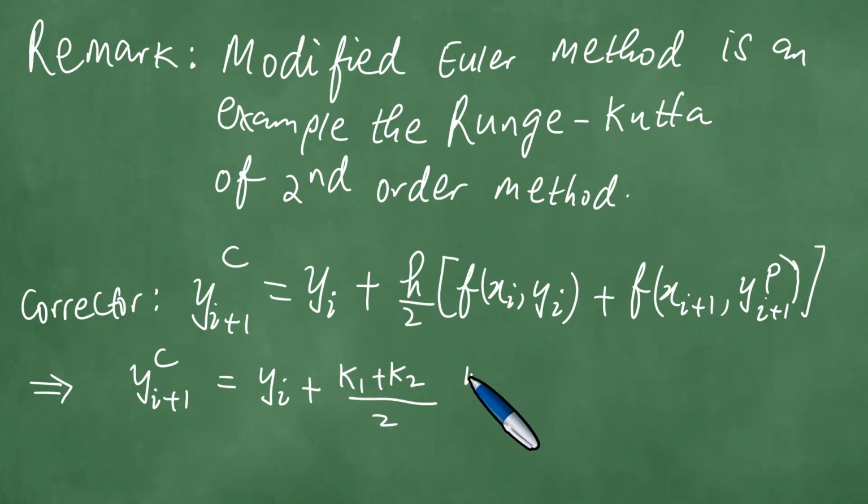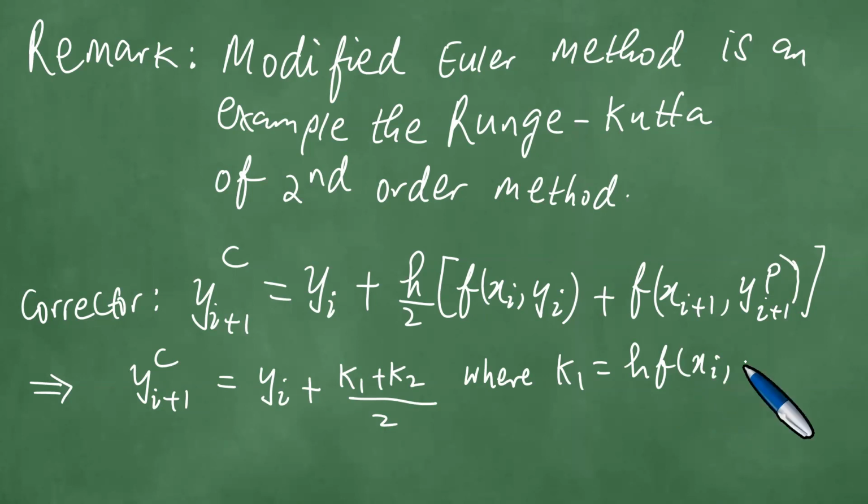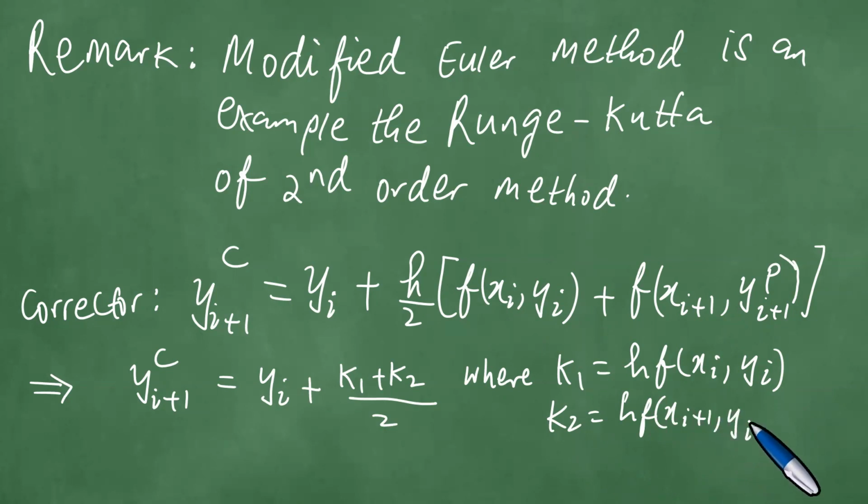Where k1 is h f(x_i, y_i), and k2 is this one, where you just allow the h to go in if you multiply here, so k2 is h f of x_{i+1}, y_{i+1} for the predictor.